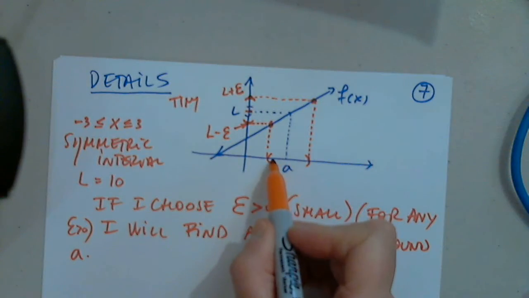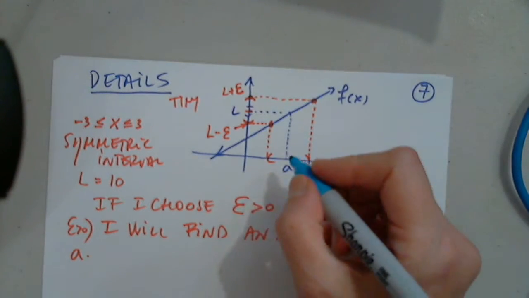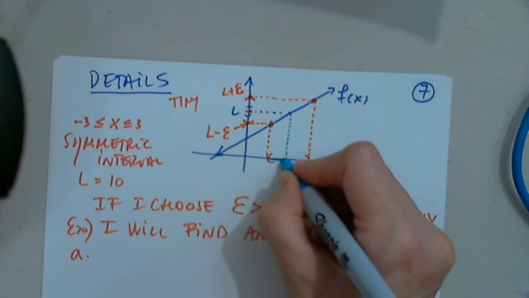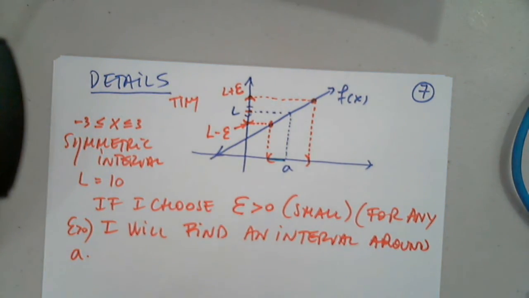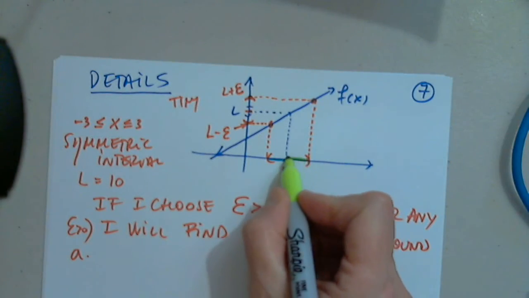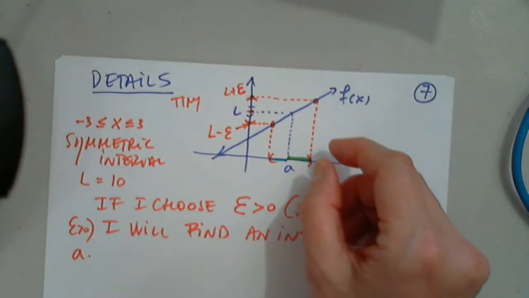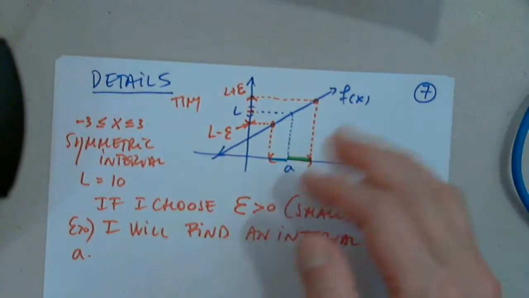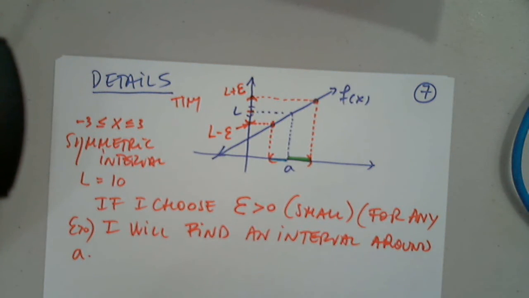Now, see, based on the graph of the function, I have two options. I have this length, which based on my graph is smaller than this length. I hope it's clear, right? So that's how my graph is. It could be different if I change the slope of the function.